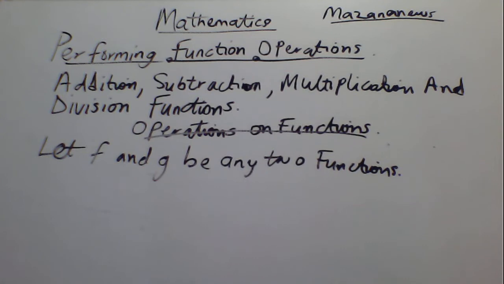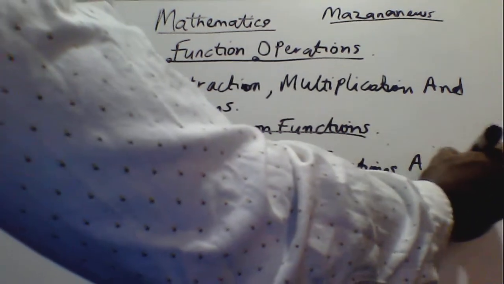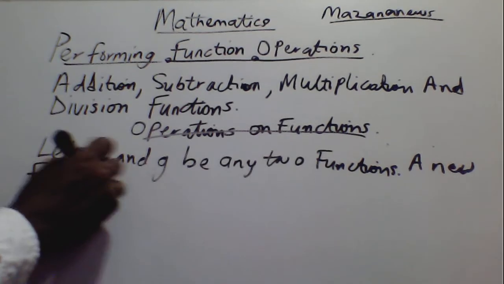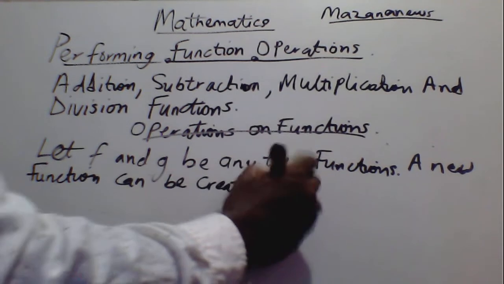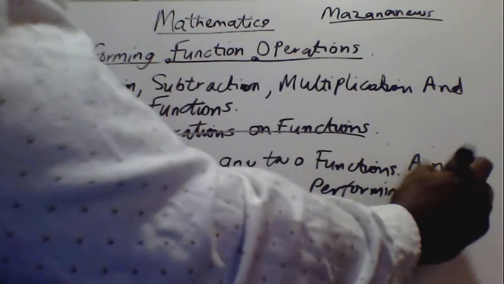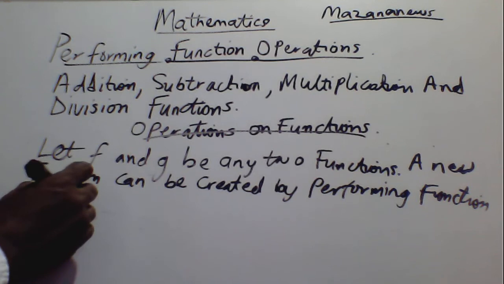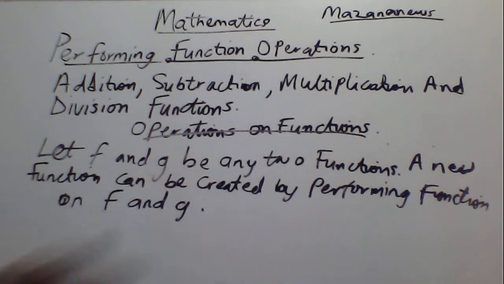A new function can be defined by performing any of the four basic operations on f and g. A new function, this is new, can be created by performing a function operation on f and g.